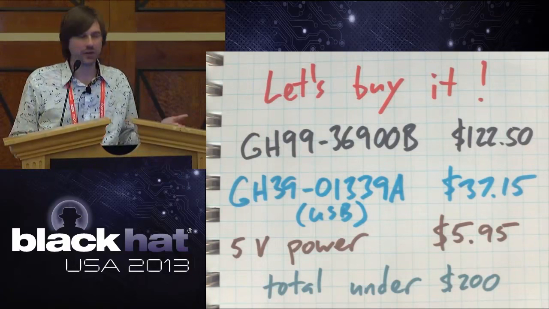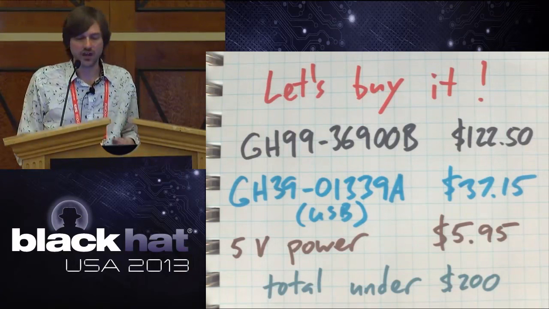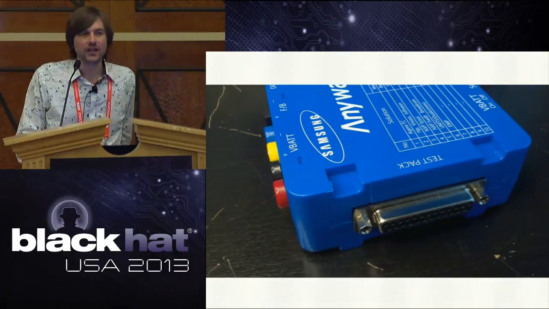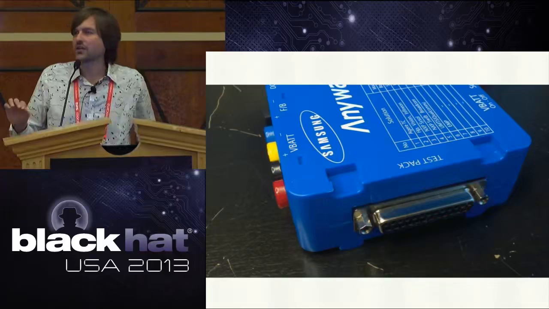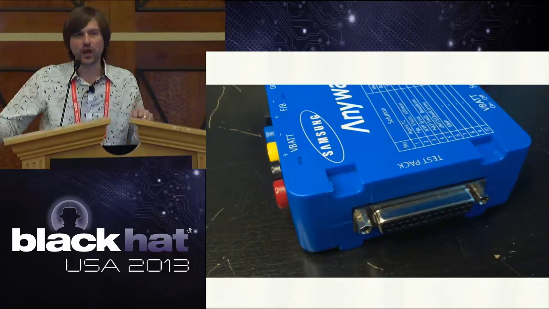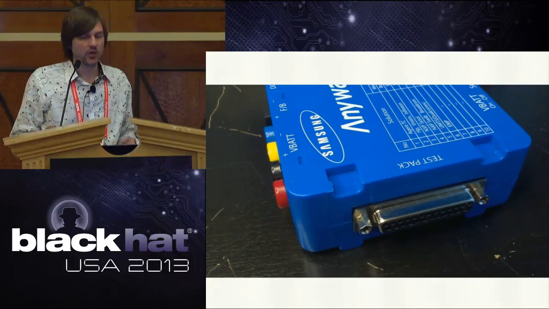This is probably the same equipment they use to load code onto them. There's this test pack connector, and this is a DB25 connector from which this thing connects to the target device. So that's why you have to have a special cable to go with it.